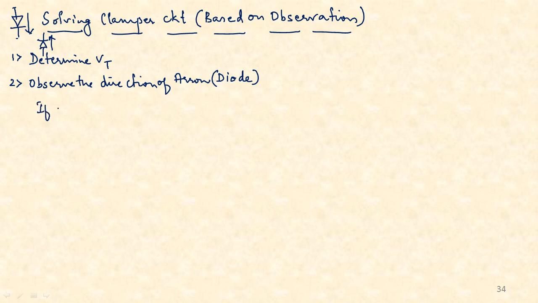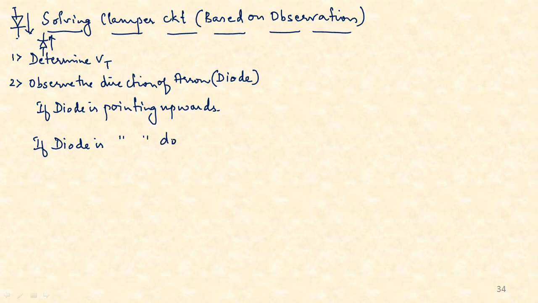If the diode is pointing upwards, the second option will be if the diode is pointing downwards. Upwards means the positioning of the diode in the circuit will be like this.